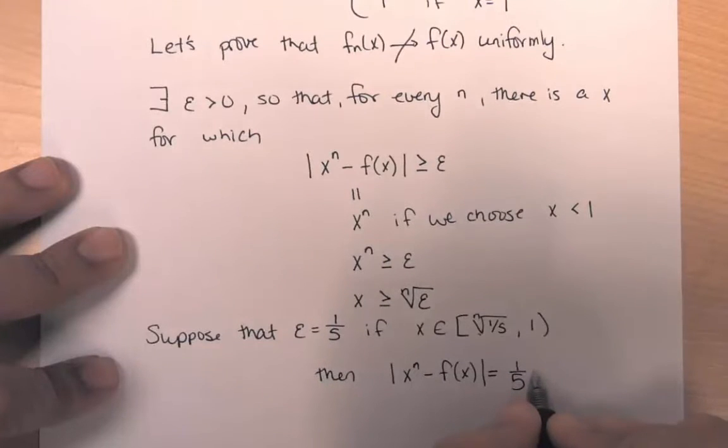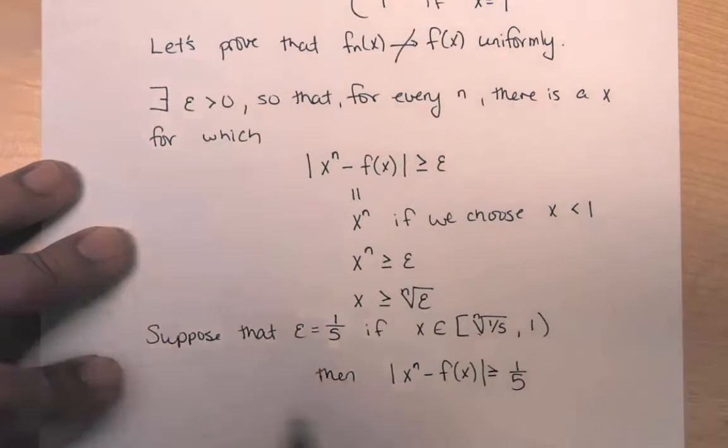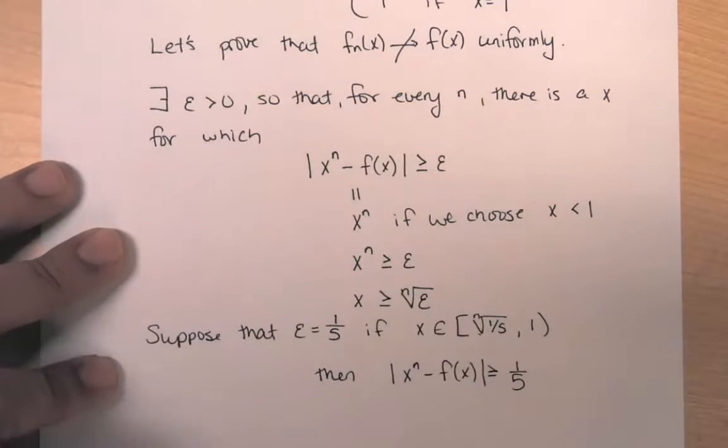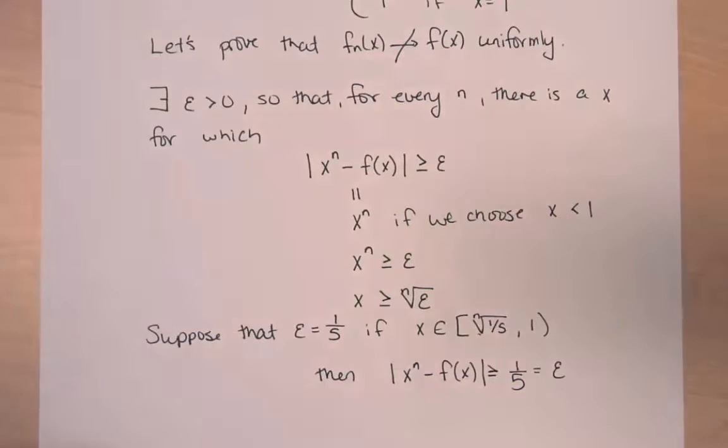Actually, it's greater than or equal to 1/5 if I choose any such x, which is my epsilon. And so because for every n I can always find an x to break my less than epsilon condition, f_n of x is not uniformly convergent.